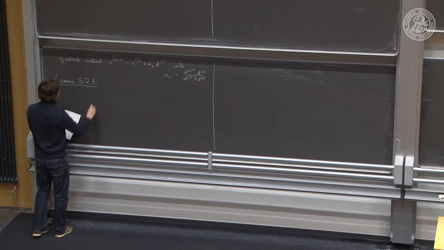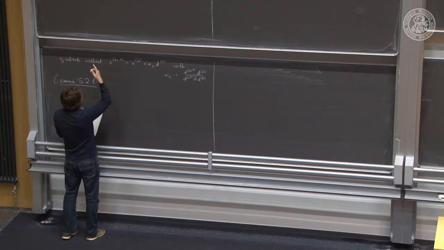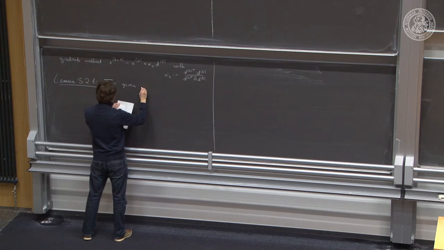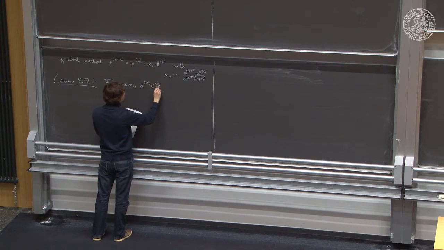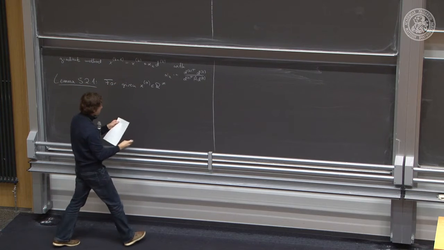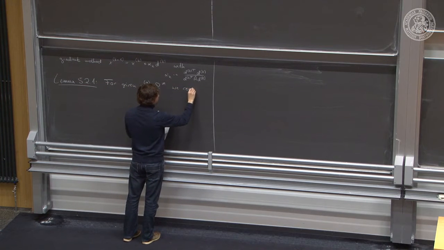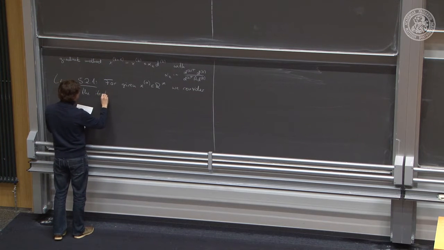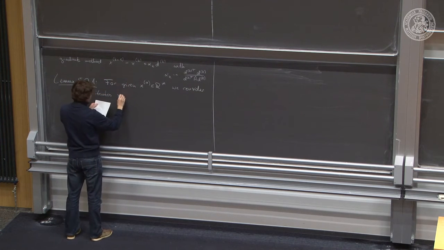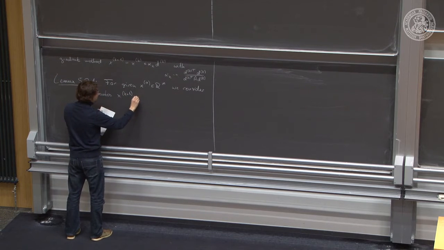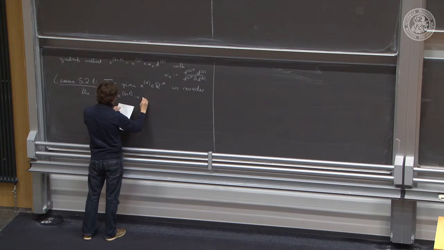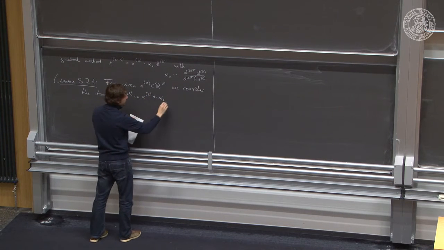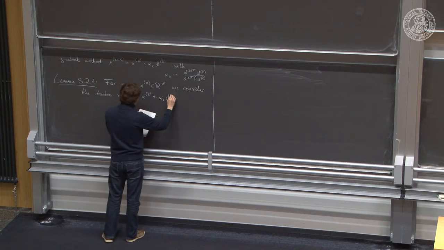So I want to call it Lemma 5.2.1 because it's chapter 5.2. For a given initial vector in R^m, we consider the iterates, and the iterates are defined similarly to the gradient method, that is nothing but the kth iterate plus the scalar alpha_k times the search direction.